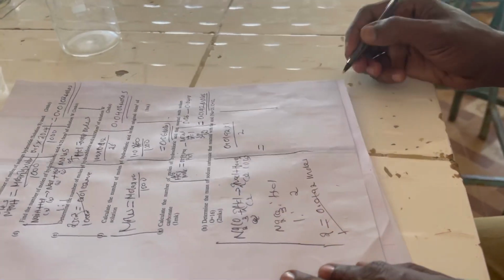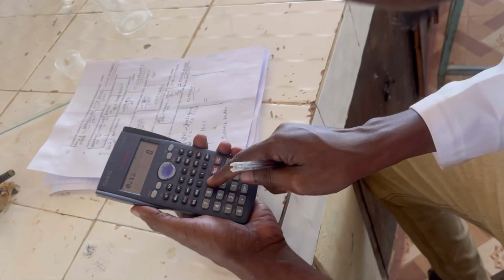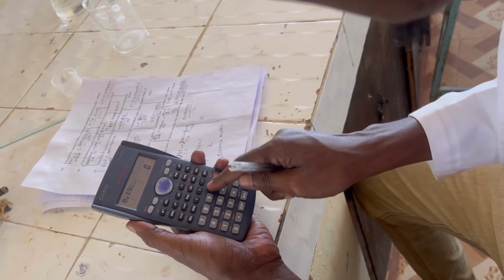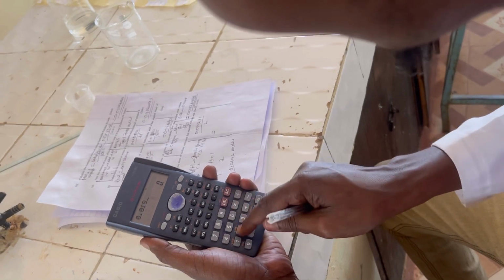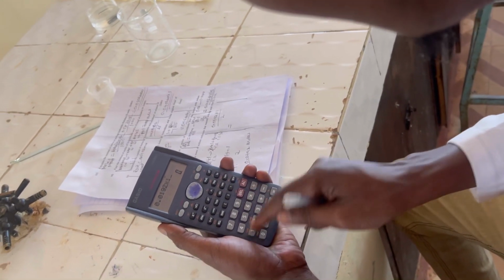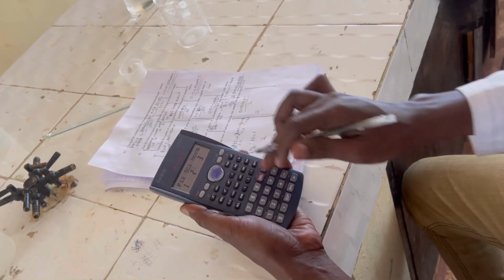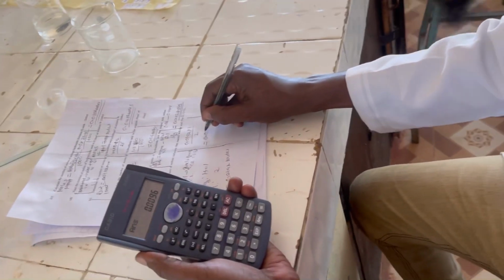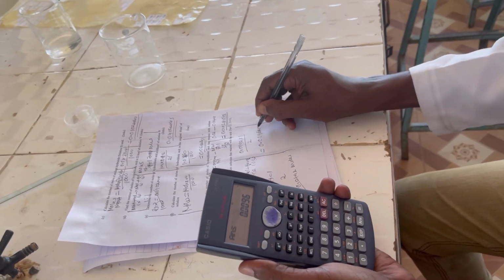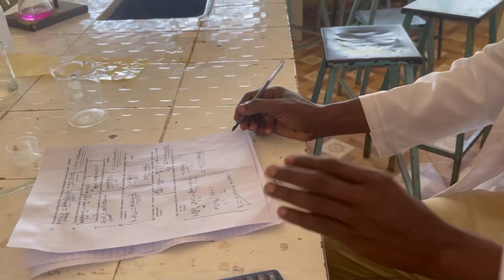So that will be 0.0096 moles. So this is the moles of the sodium carbonate that reacted with the acid.